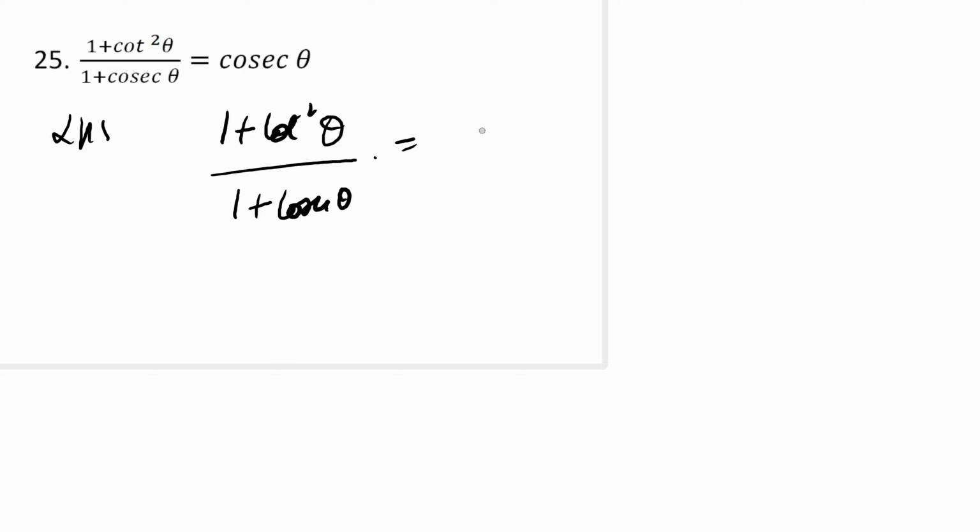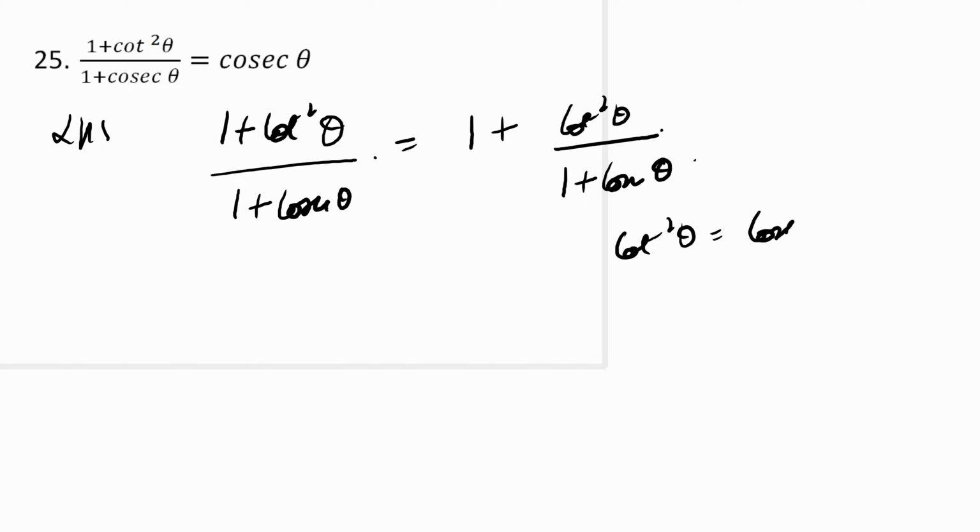Okay, so the last one is 1 plus cot square theta. So we will simply write it down as 1 plus cot square theta upon 1 plus cosec theta. Now cot square theta I can write as cosec square theta minus 1.